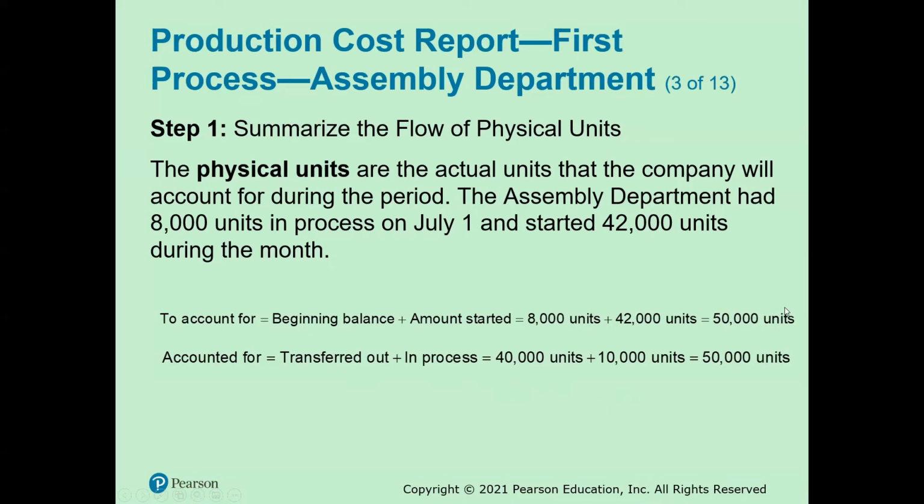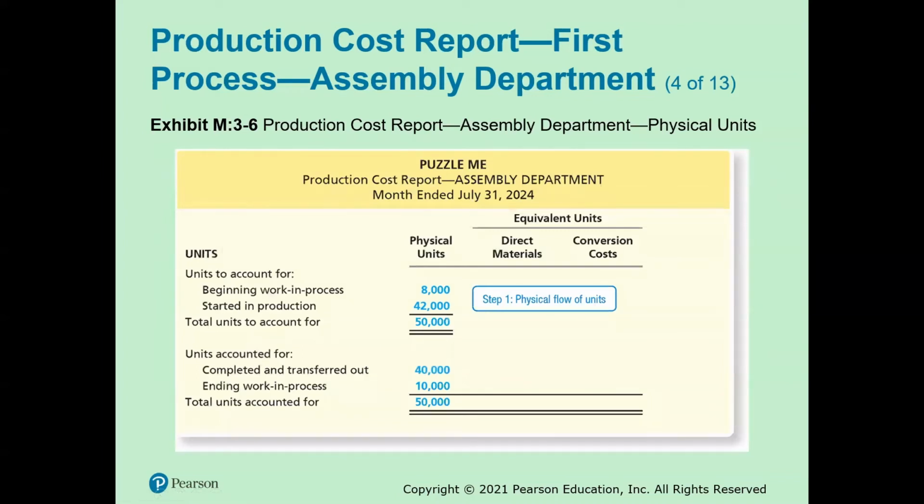So to account for, you have the 50,000 units, and accounted for, you have the 50,000 units. And remember, we said to account for and accounted for must equal. So therefore, they are equal.